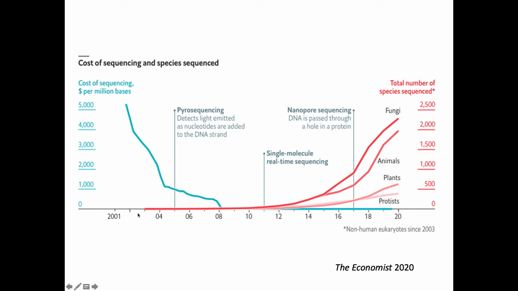And as sequencing costs decrease, we see an increase in the total number of species that are being sequenced, whose genomes are being created. We see that this was increasing rapidly into 2020, and it's just continuing to increase rapidly.